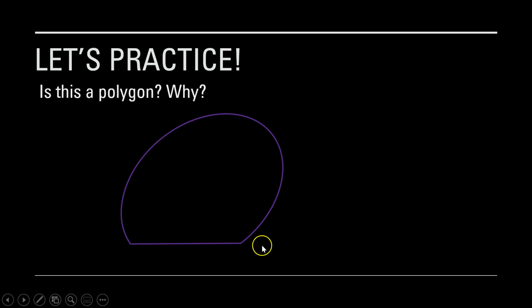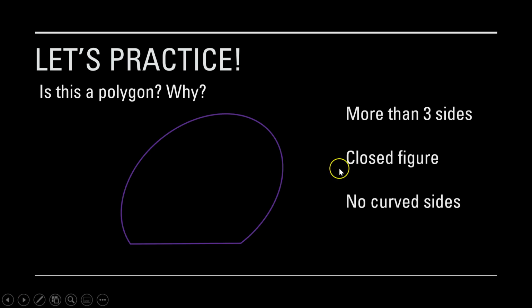All right, friends, let's take a look at those 3 rules. First, it has to have more than 3 sides. Well, when I look at this shape, I see that there's one side here and it has a big circly part there. It's going to get an X because there's not at least 3 sides. Our second rule is that it has to be a closed figure.